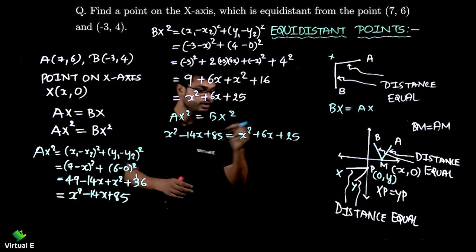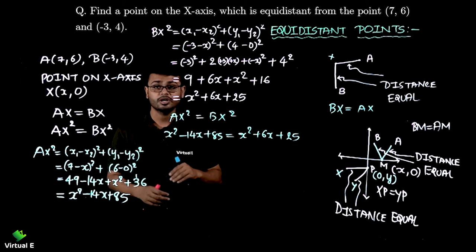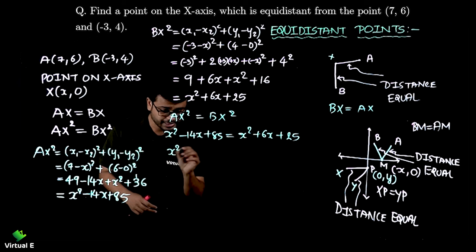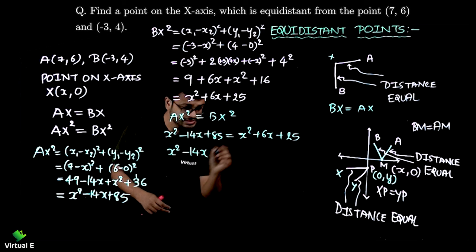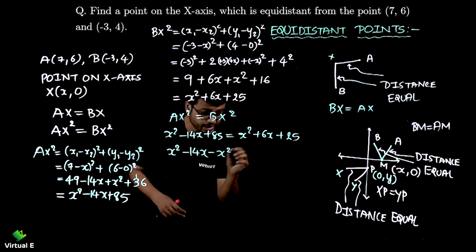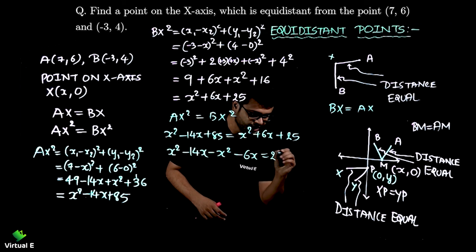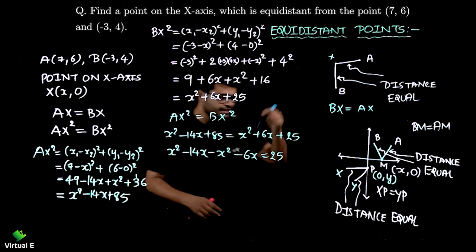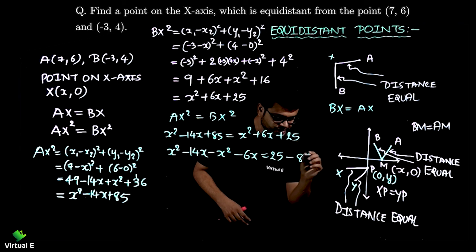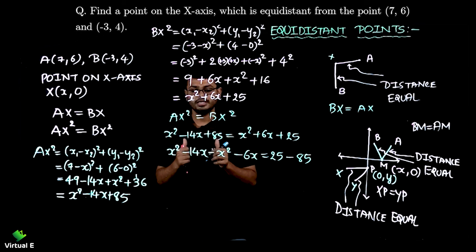Now let's shift all the variables on one side and all the numbers on the other side. So 14x will be coming over here, 6x will also come over here. So x square as it is, minus 14x, here minus x square and minus 6x, 25 will remain as it is, 85 will go that side, that is minus 85. Done? Simple.